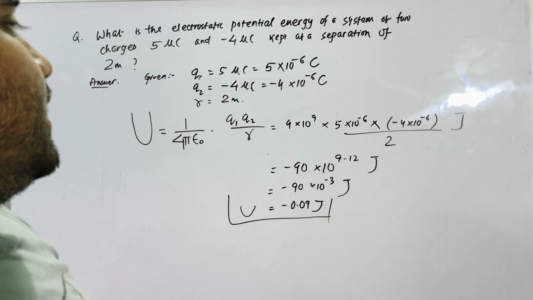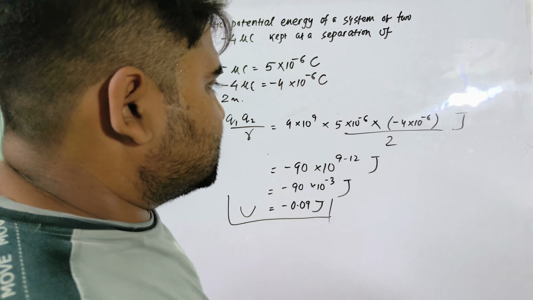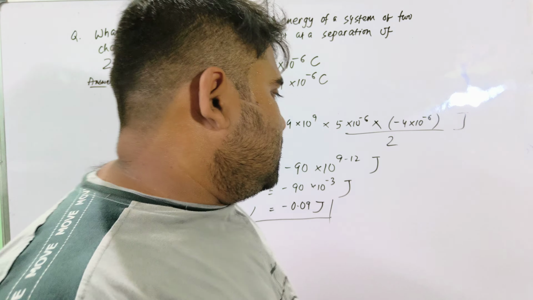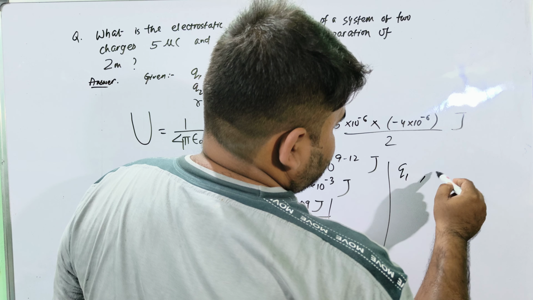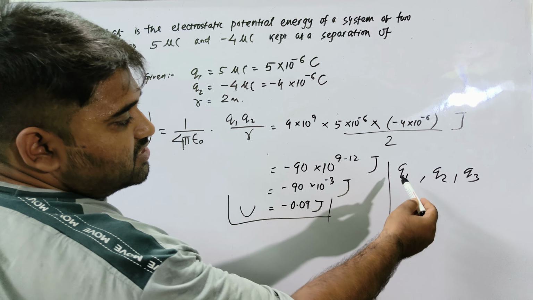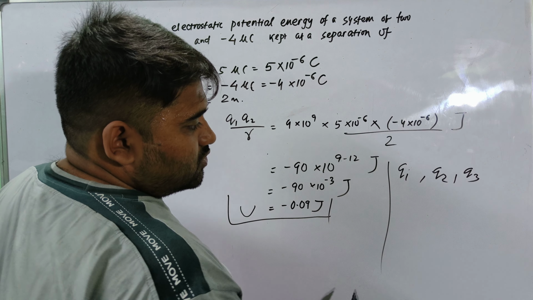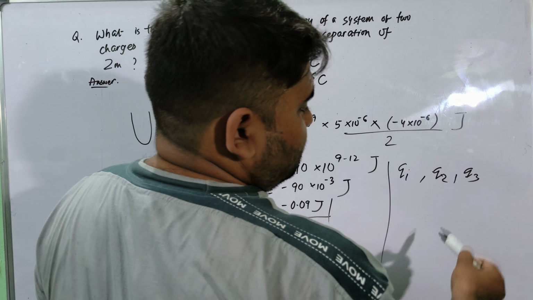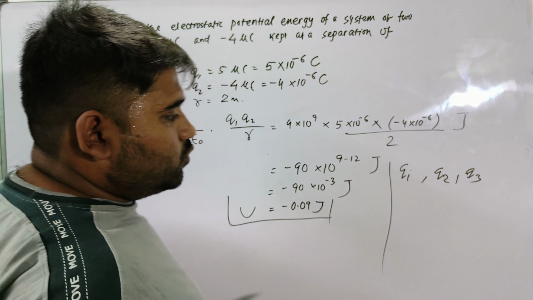If you are given more than 2 charges, or more than 3 charges, consider that q1 is given, q2 is given, and q3 is given, and the relative distances are also given. That means the distance between q1 and q2 is given, q2 and q3 is given, and q1 and q3 is also given to you.